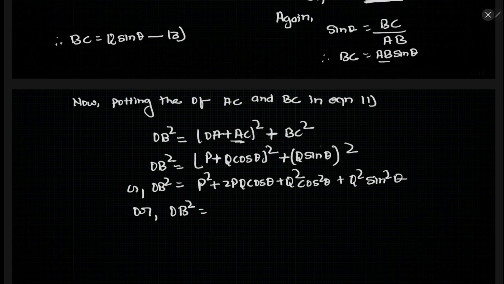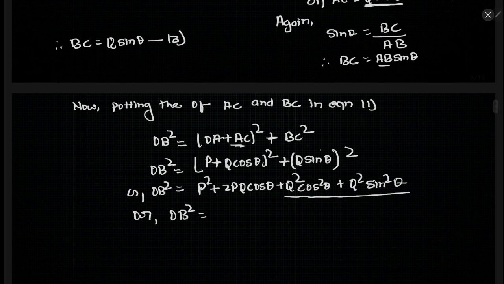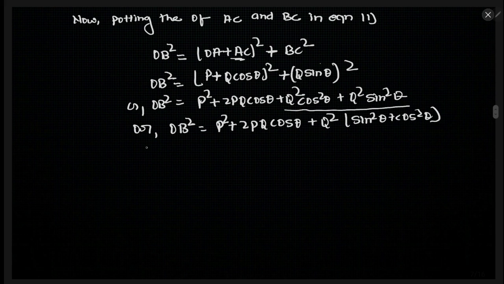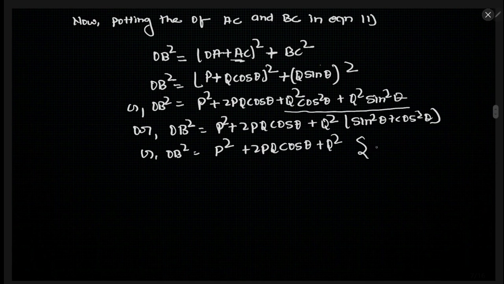OB square is equal to, let's take Q square common, then P square plus 2PQ cos theta plus Q square common, and it will become sin square theta plus cos square theta, or OB square is equal to P square plus 2PQ cos theta plus Q square, since sin square theta plus cos square theta is equal to 1.